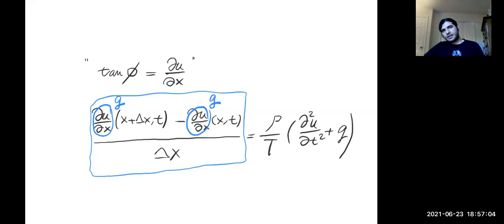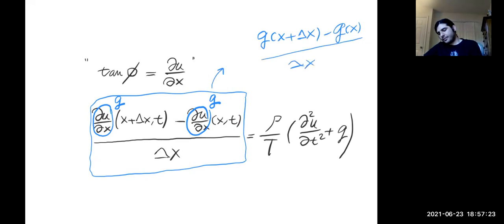We have g at the point x plus delta x minus g at the point x, over delta x. So, in other words, if I change the notation here, we would have g at the point x plus delta x minus g of x over delta x. What is this?